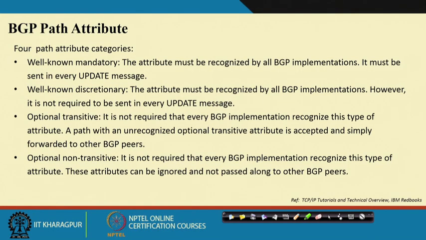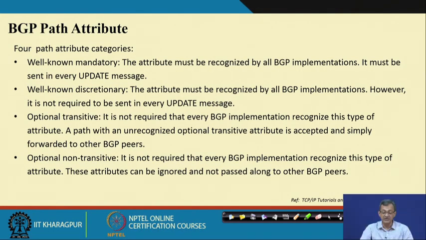Optional non-transitive: it is not required for every BGP implementation to recognize this type of attribute, and these attributes can be ignored and not passed along. So optional transitive may not be recognized, but it can be transmitted. Optional non-transitive, if not recognized, can be ignored and may not be transmitted to the other side.